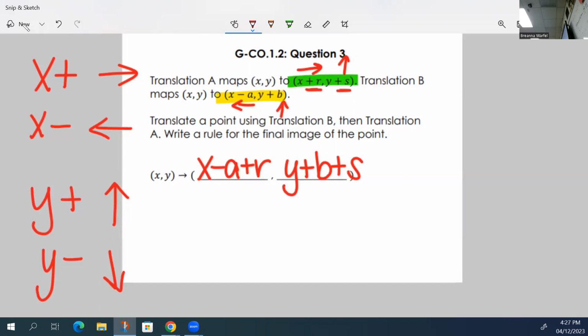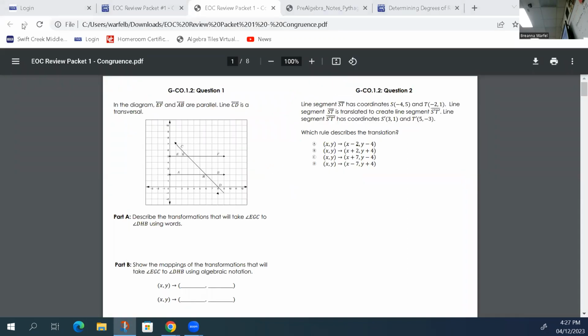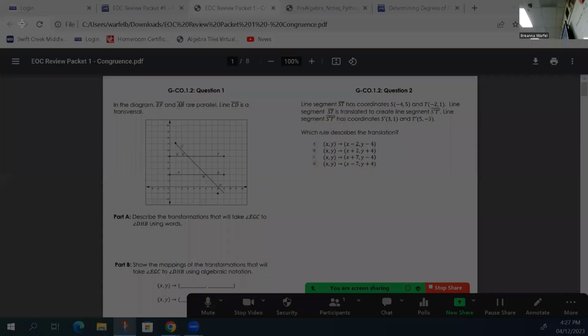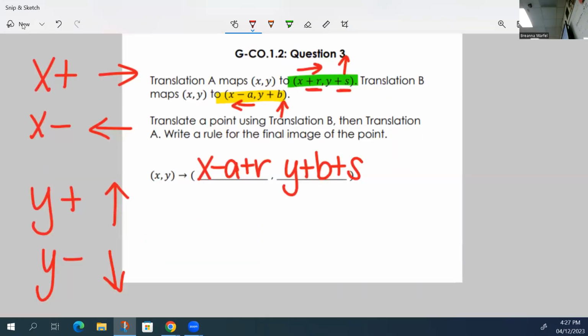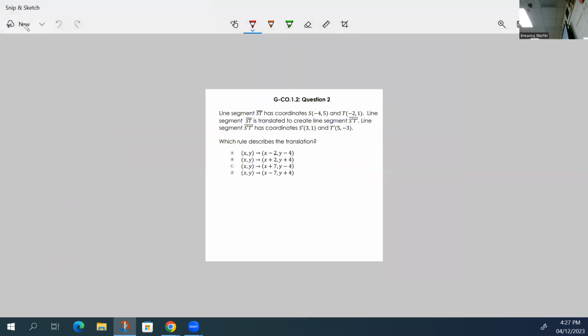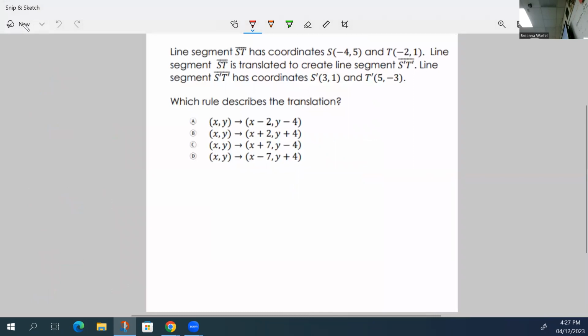Number 3, I think most of you did it yesterday. If you didn't, I just want to make sure that we get the answer up here. Once again, you're talking about translations for number 3. And it says that you're starting with your point S at -4, 5.